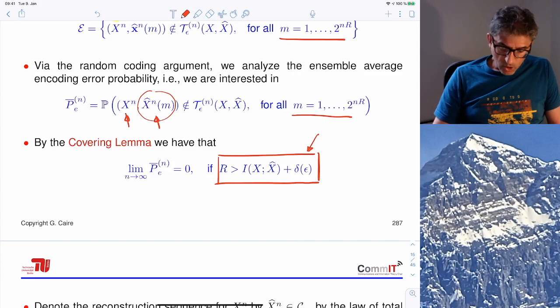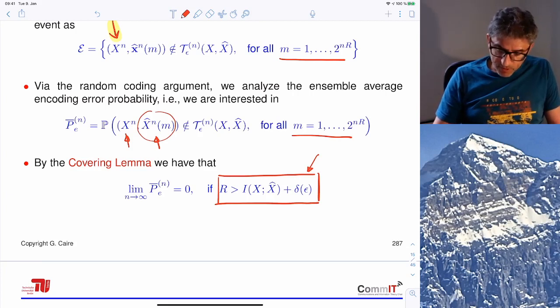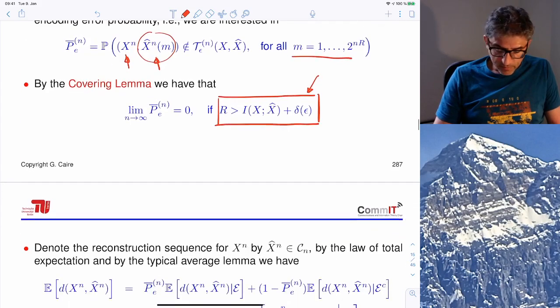So the fact that the encoder will not make a mistake and will find at least one jointly typical code word with the source sequence is guaranteed by the covering lemma, subject to the fact that the rate R is greater than the mutual information plus delta.